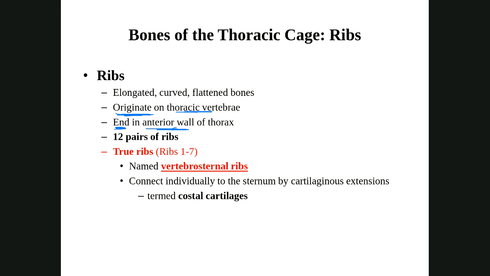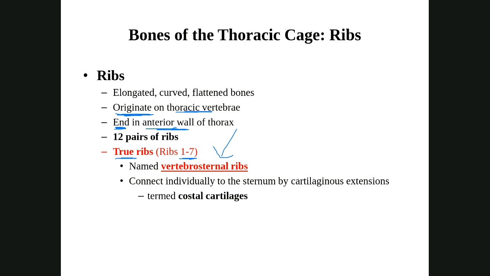Okay, 12 pairs of ribs. Our first 7 pairs are ribs 1 through 7. We call those true ribs. And I'm going to tell you this right now, guys. Because all these lab tests are a randomized pool of questions, some of you might get these questions, some of you might not, but you need to know both names. True ribs, and you need to know vertebral sternal ribs. But think about it. Dissect the word. For those of you that are taking med term, this will definitely help you.